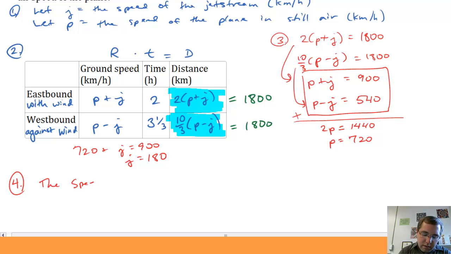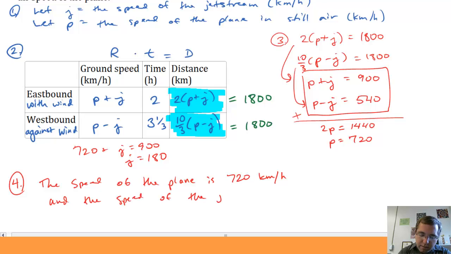The speed of the plane is 720 kilometers per hour, and the speed of the jet stream is 180 kilometers per hour.